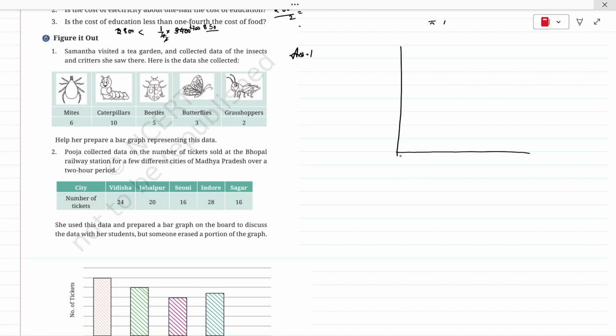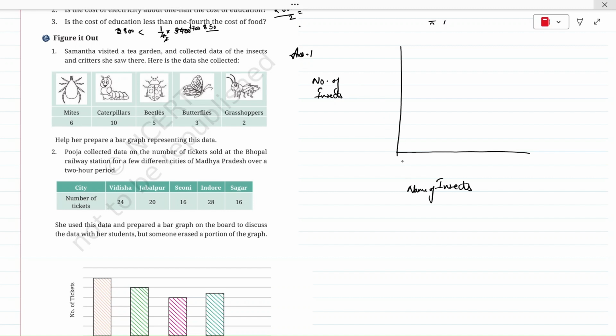So I am going to plot the name of the insects on the horizontal axis, and on the vertical axis I am going to plot the number of insects.